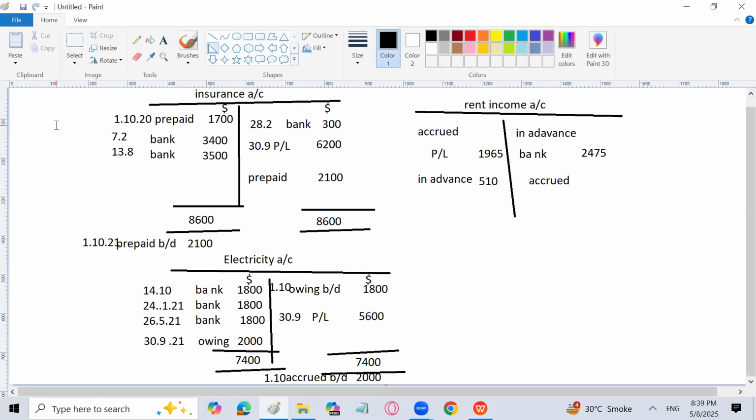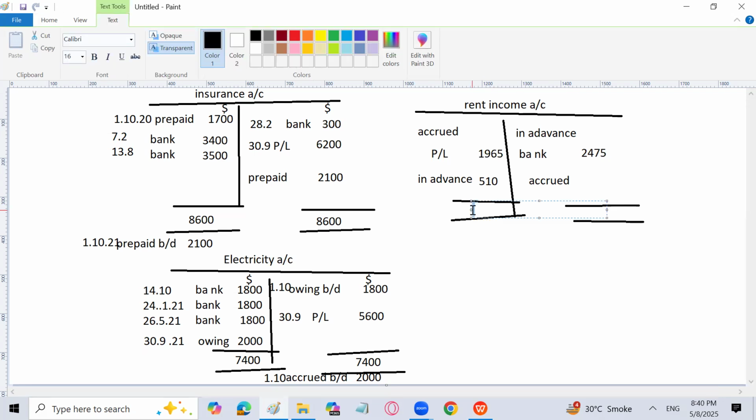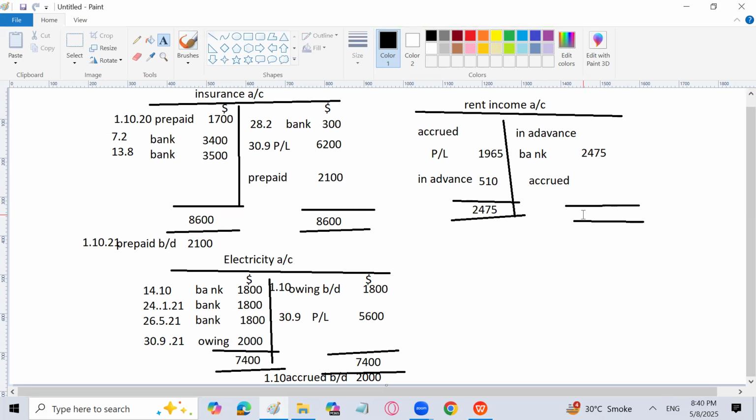I think that both the sides are equal. So that's it. If you check it out, both sides are equal. Am I right? That will be 2475, and that will also be 2475.